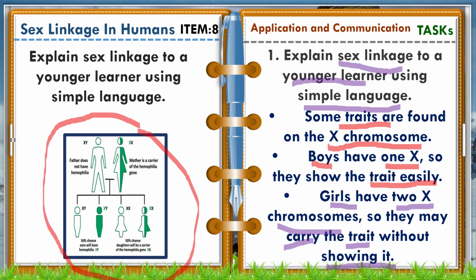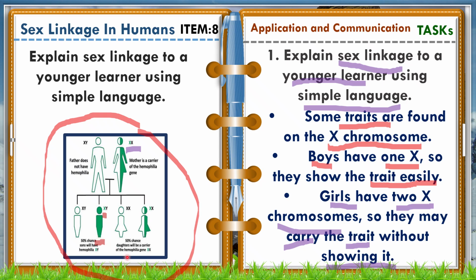So here, the mother is a carrier, but the mother is not showing the trait because one of the X chromosomes is normal. And we have the boy here who is hemophilic. Why? Because he has one X which is affected, and the other one is Y. And for that reason, this boy becomes hemophilic.